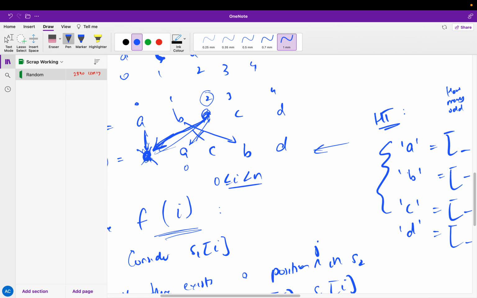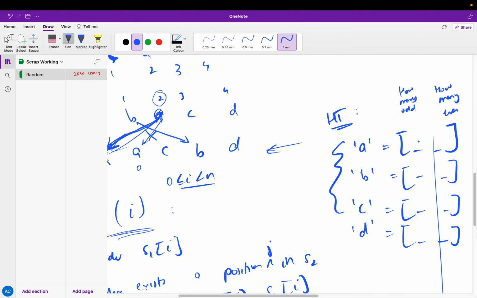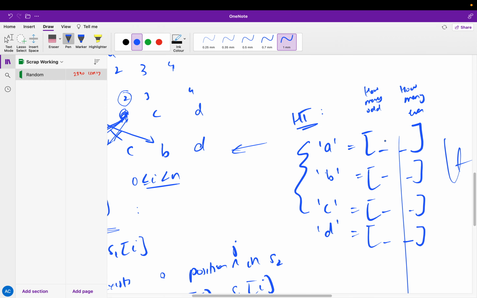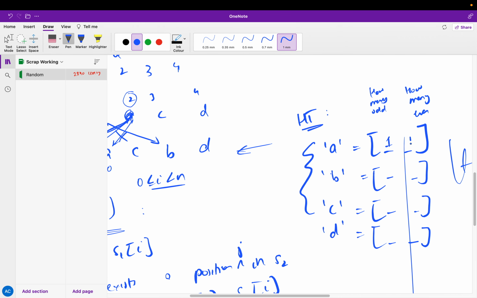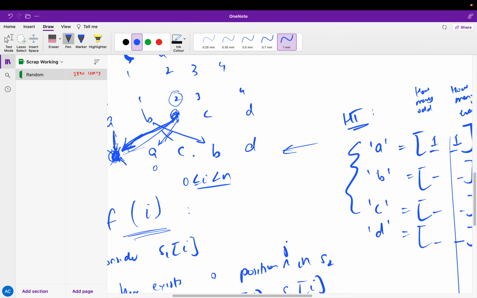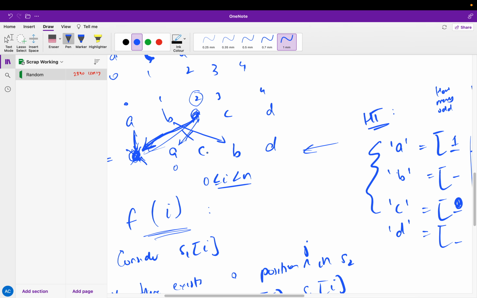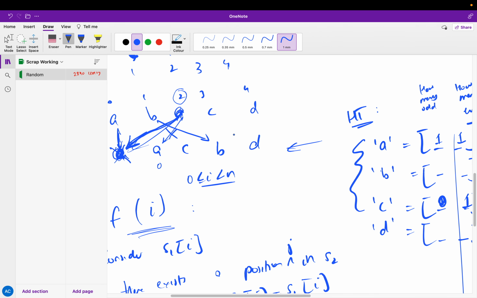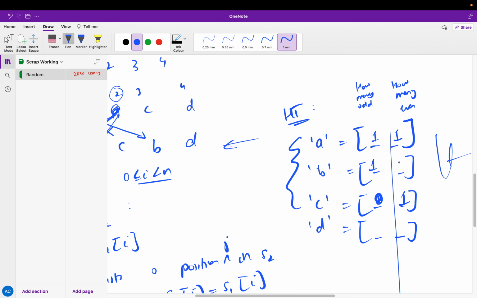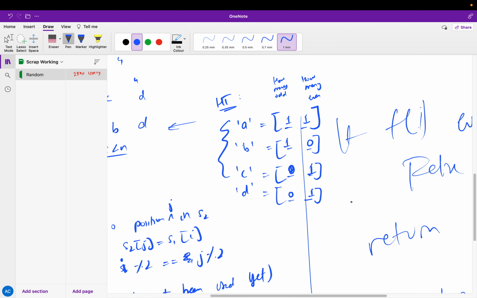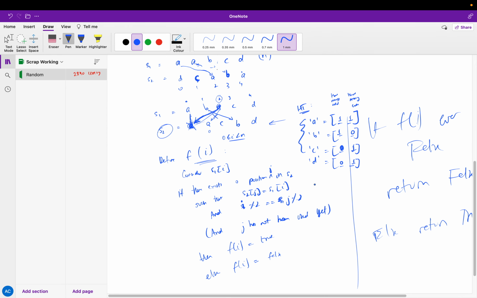A would have 1 in the even, and 1 in the odd. And then C would have 1 in the even. B has 1 in the odd and 0 in the even, and D has 1 in the even, 0 in the odd. And basically, this allows for a relatively quick lookup.